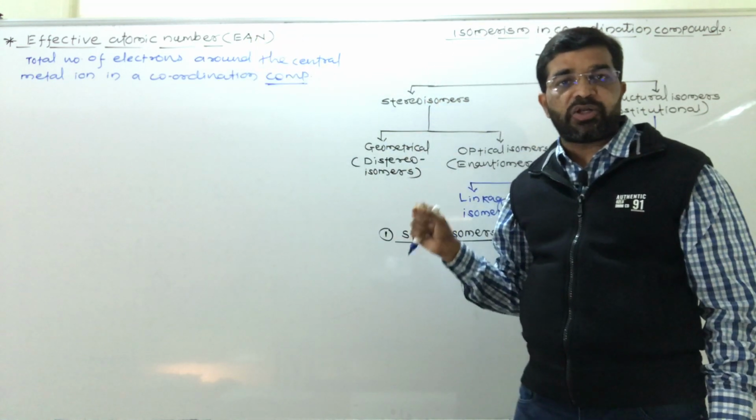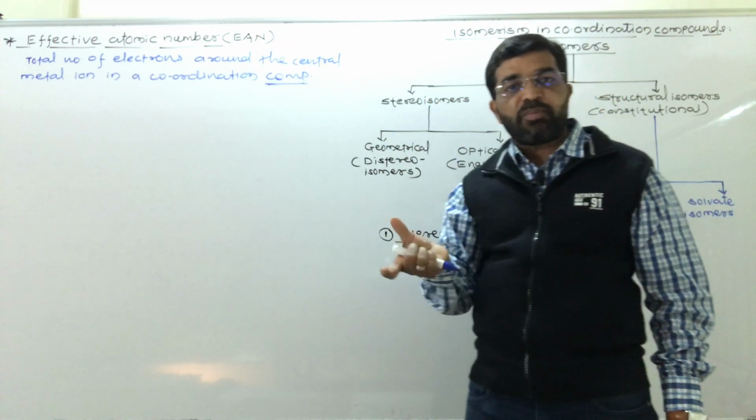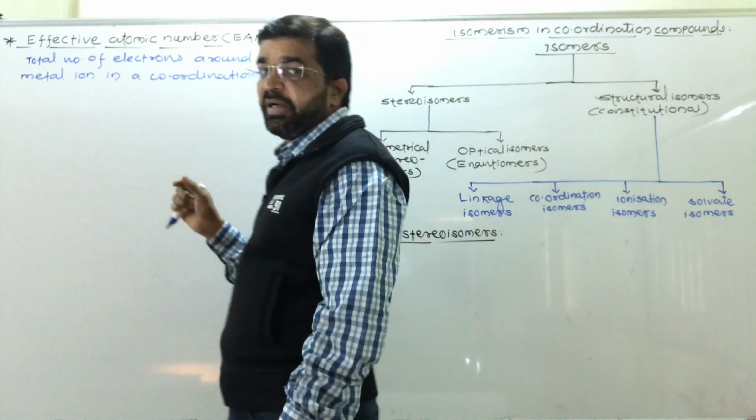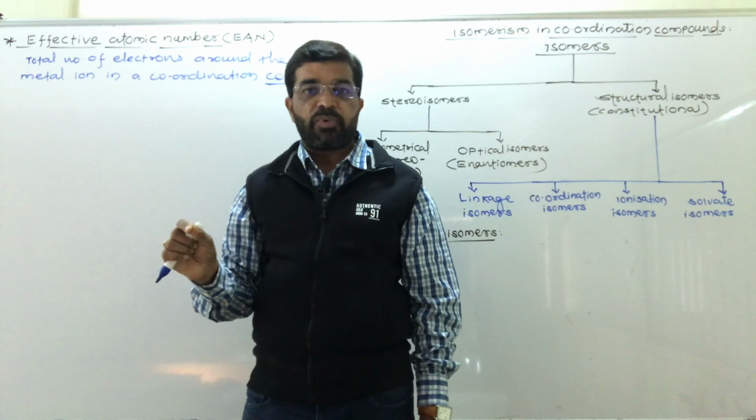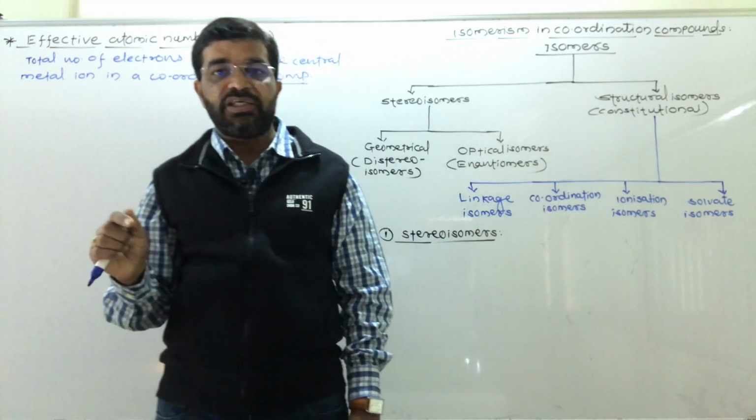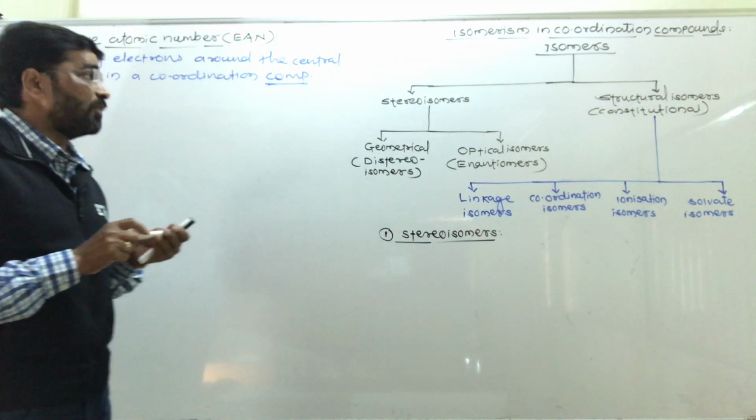So the total number of electrons present around the metal ion in a coordination compound is known as the effective atomic number.